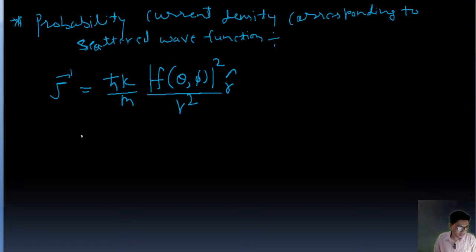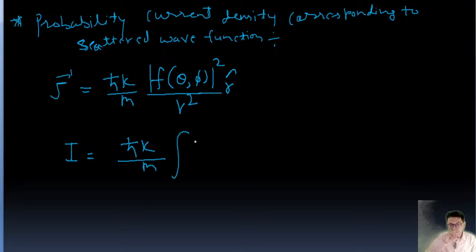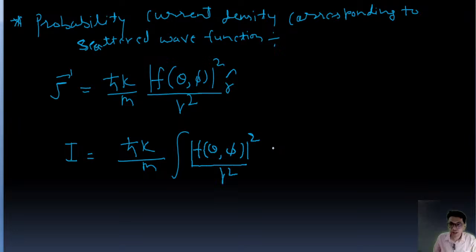Then the value of I is going to be h cut k upon m, the integration of J dot ds, so the integration of mod square of f theta phi upon r square, and d omega is r square sin theta d theta d phi and dr. This is I, the outgoing flux.